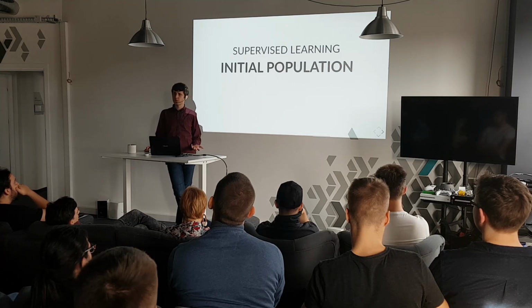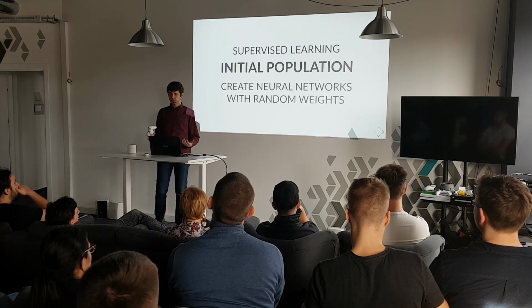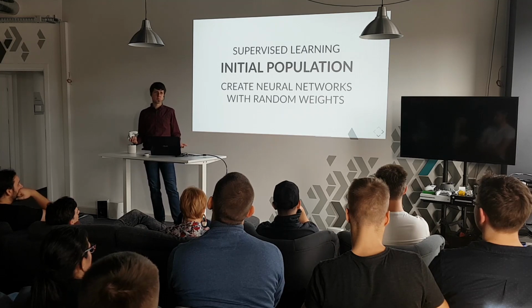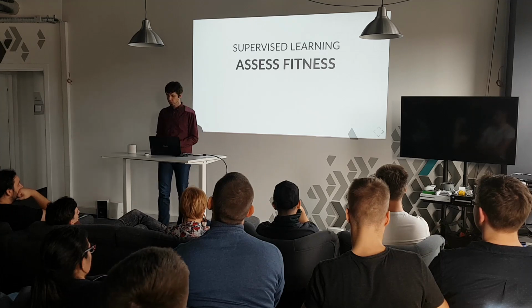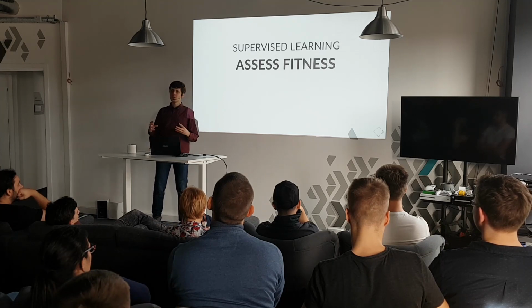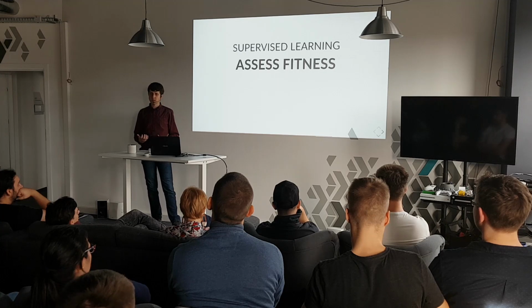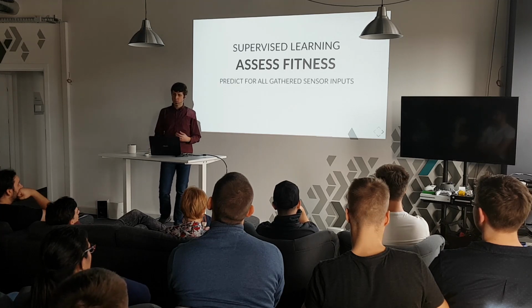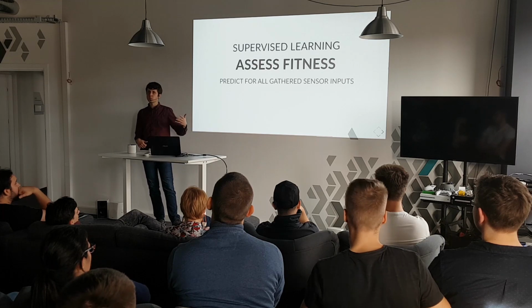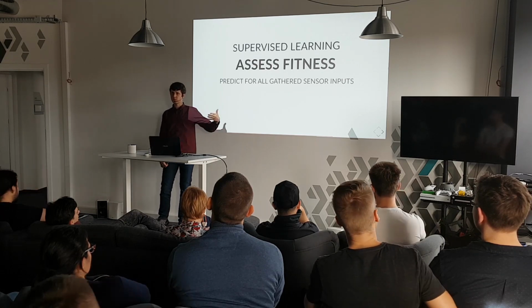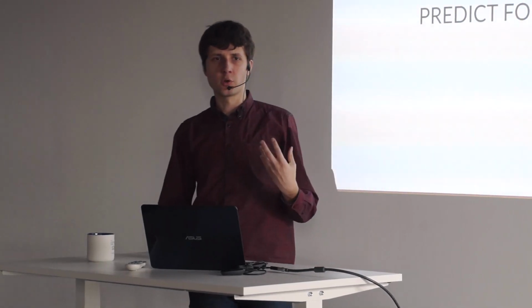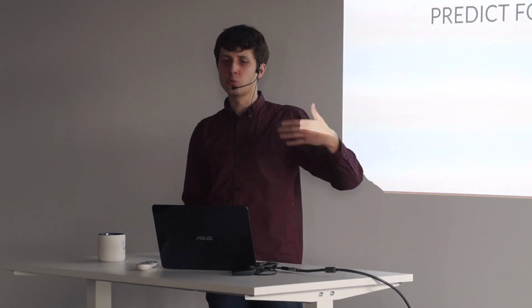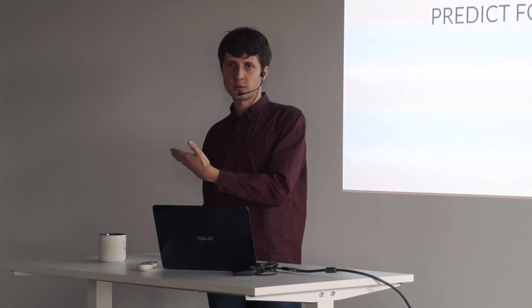So to create the initial population of solutions, I just create lots of neural networks with random weights. Then, assessing fitness. I would like to remind you that I'm trying to teach the network to behave like the human pilot. So how can I do that? Well, I know what the human was doing, right? I have the stored actions he took for given sensor inputs. So for each network in the population, I'm trying to predict what the network would do for all the gathered sensor inputs.